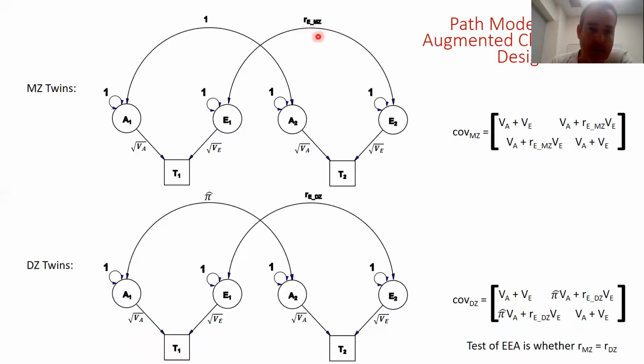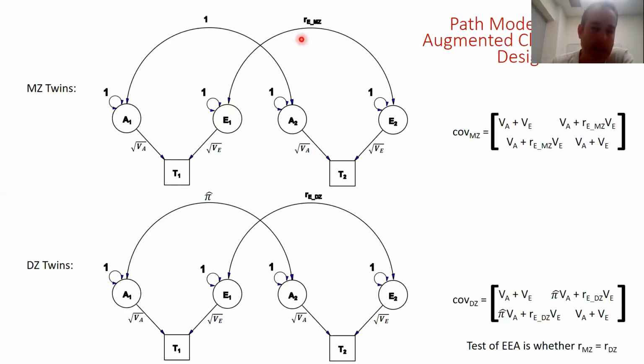So this correlation here is telling you how much is due to shared environment and how much is due to unique environment. So it's exactly the same as the previous slide. It's just a different way of parameterizing the model.